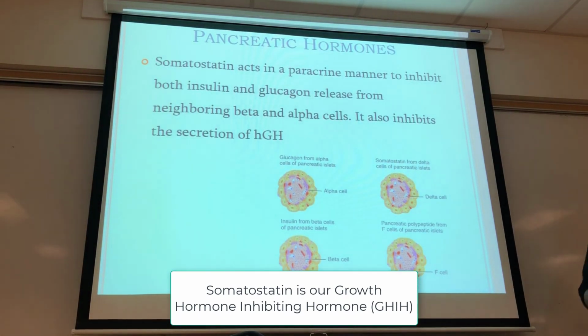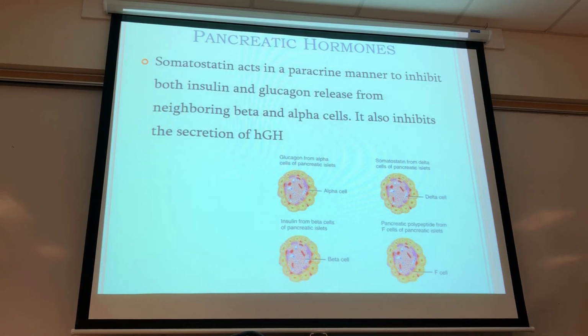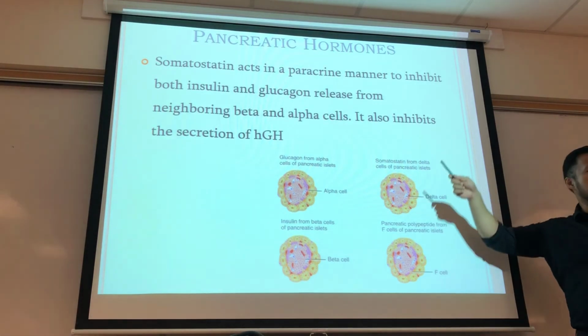Somatostatin was our growth hormone inhibiting hormone that comes back in and limits the production of human growth hormone by the anterior pituitary. So if you're wondering what that growth hormone inhibiting hormone is, that's where we learn the pancreas is involved. Since the pancreas is also involved in the production of digestive enzymes, somatostatin comes in and limits it.